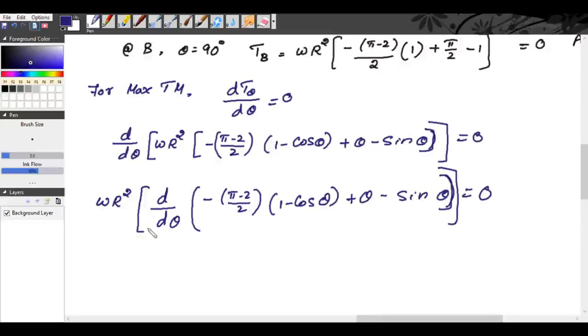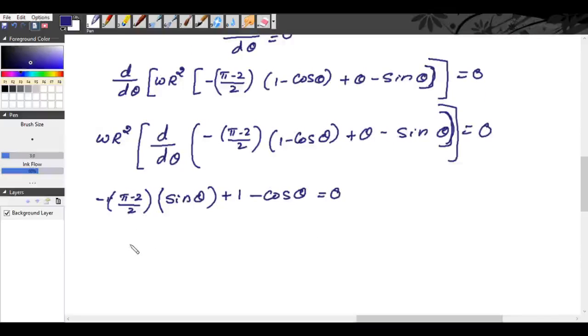We need theta, so differentiating this we get minus (pi minus 2)/2, that is constant, into differentiation of 1, which is 0. Differentiation of cos theta is minus sin theta, so minus of minus sin theta, we get sin theta. Plus differentiation of theta with respect to theta is 1, minus differentiation of sin theta, which is cos theta, is equal to 0.